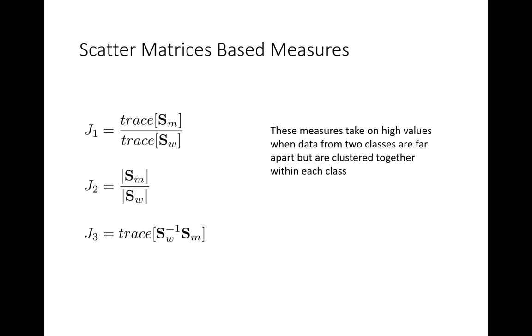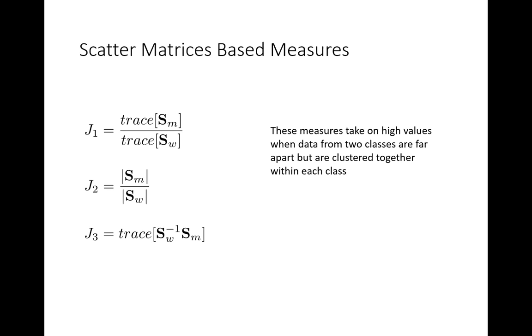Or J2, which is the determinant of matrix SM divided by the determinant of matrix SW, or another criterion J3, which is the trace of matrix SW inverse multiplied with SM.